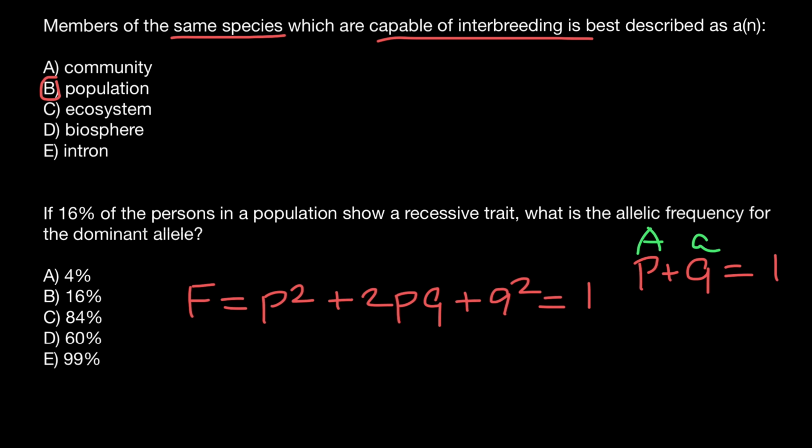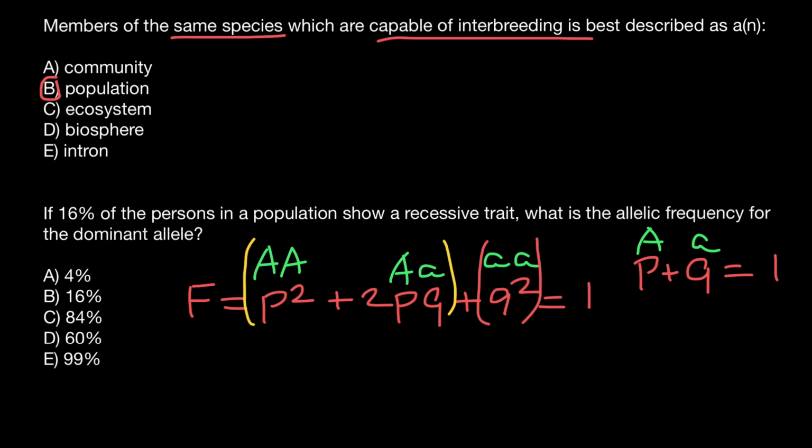P squared would equal the homozygous dominant genotype, so capital A, capital A, 2PQ would stand for the heterozygous genotype, and Q squared would stand for the homozygous recessive genotype. These two genotypes would make one phenotype, and this genotype would make another, recessive phenotype. So dominant phenotype and recessive phenotype.